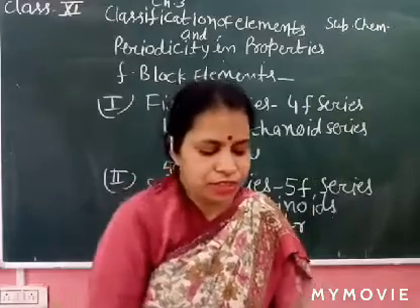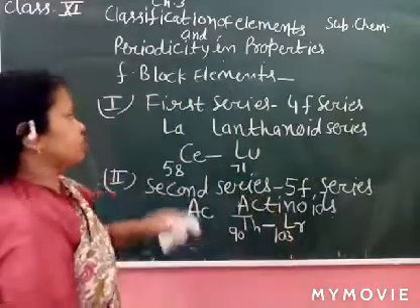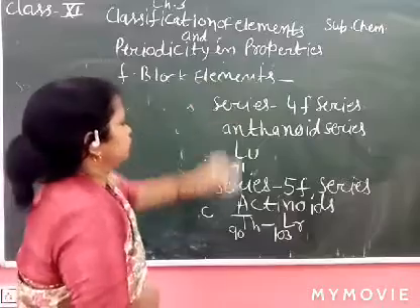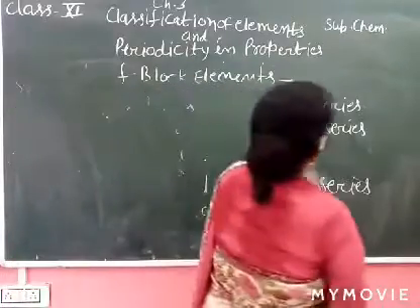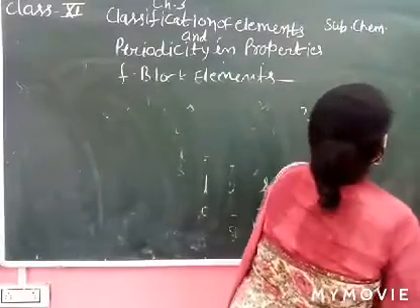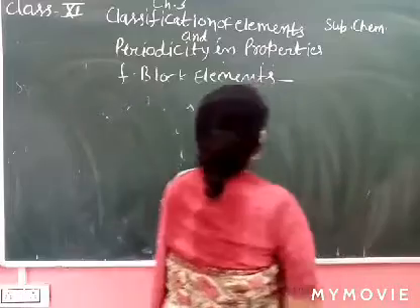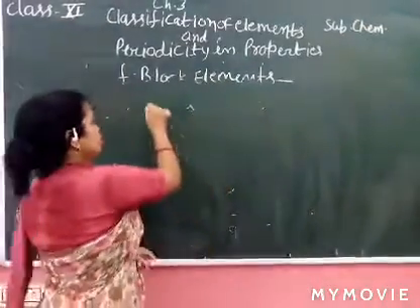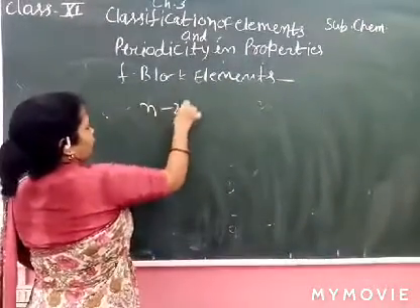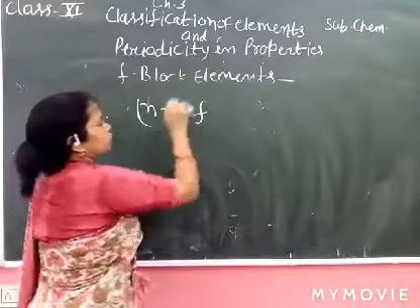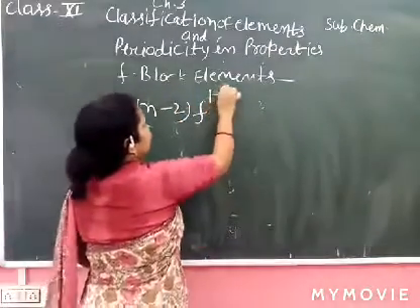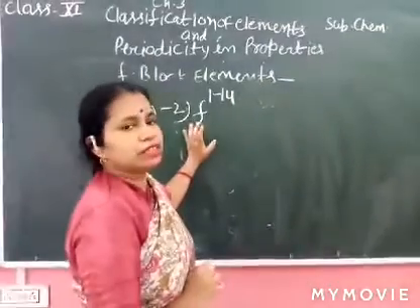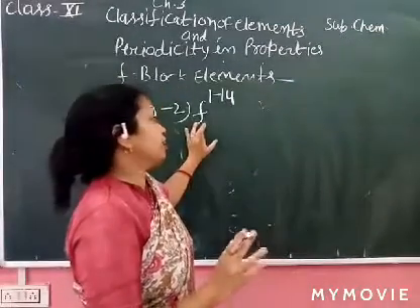Clear? Write down the general electronic configuration of these elements: (n-2) f orbital 1 to 14. The capacity of the f orbital is 14 electrons.